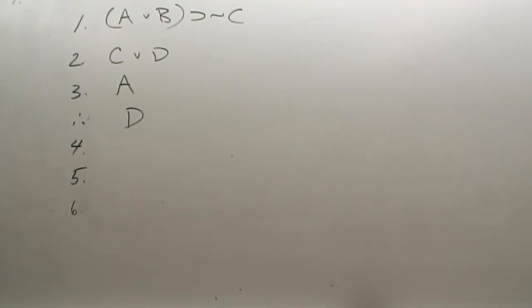Line 4. Yeah, to create line 4. Where's curl C in our original argument? Oh, but it's stuck in a horseshoe. We need to free it from that horseshoe. How are you going to free it? You're going to need help. How are you going to free it by modus ponens? What do you need as a helper? Are you getting A wedge B from line 1? How are you getting it from line 3?